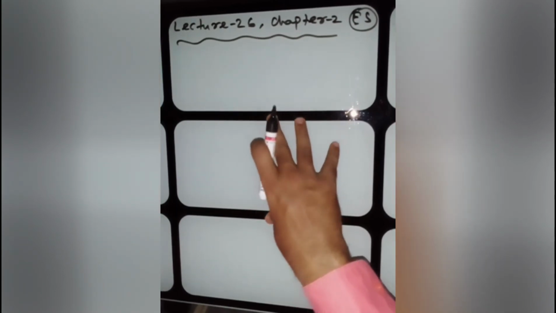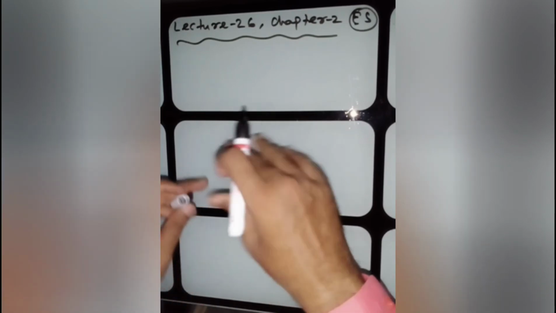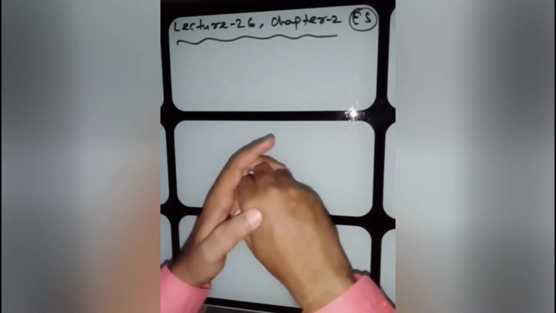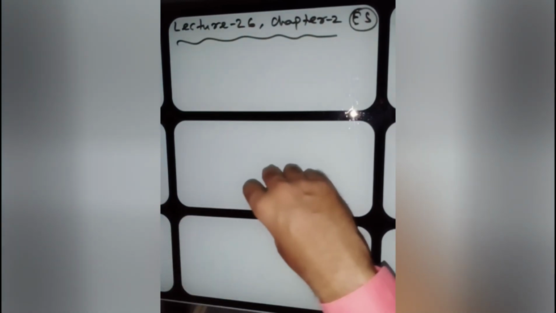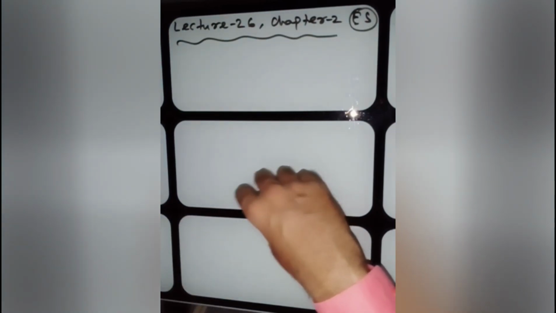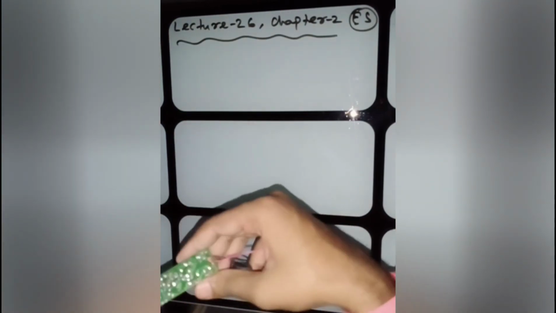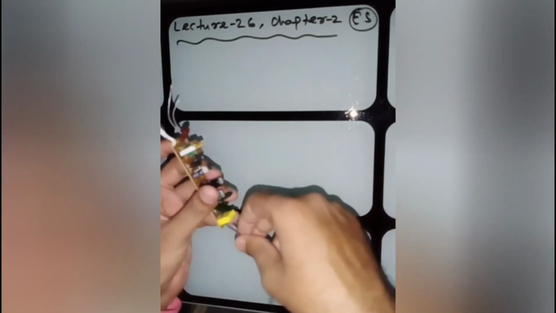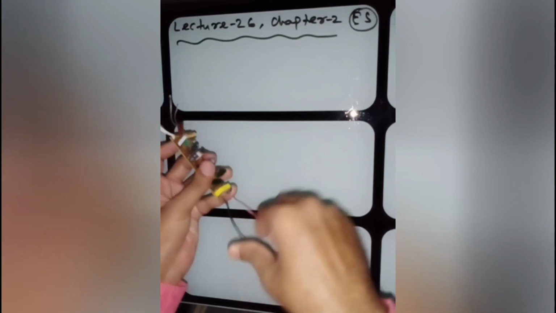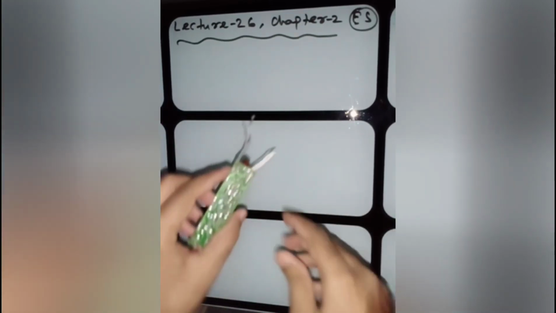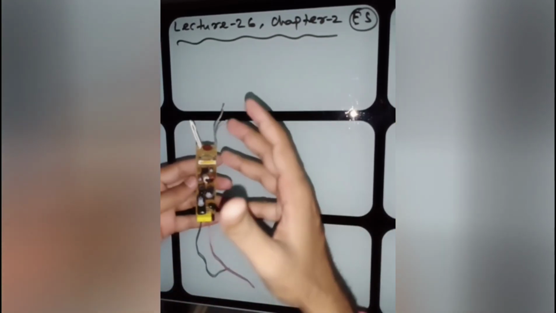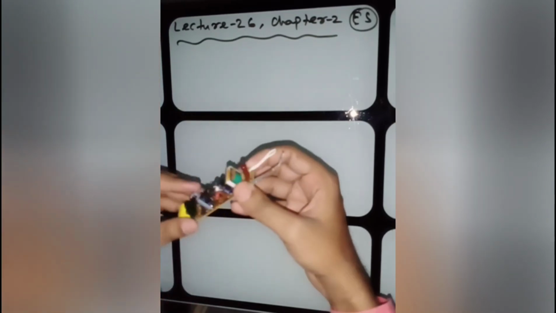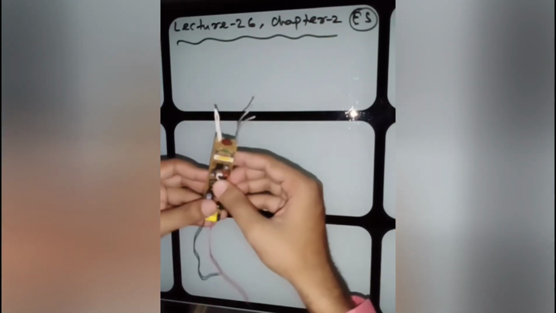We will study that today. Students, before starting today's lecture, I would like to give you this simple circuit. With the help of this circuit, you will be able to recognize the actual view of a capacitor.